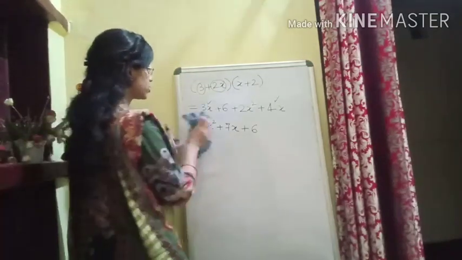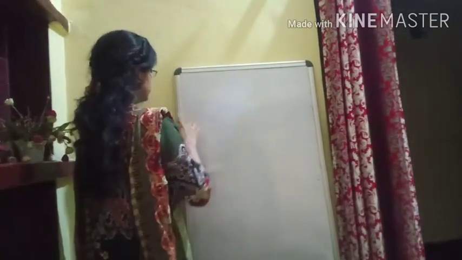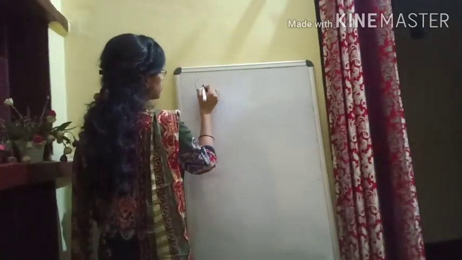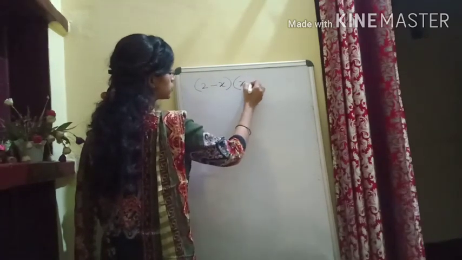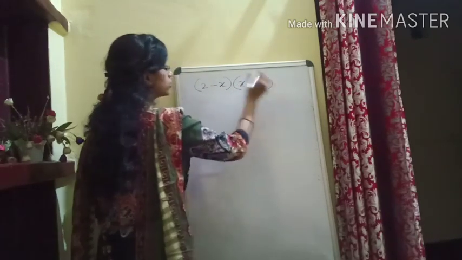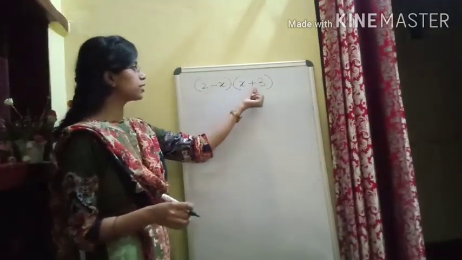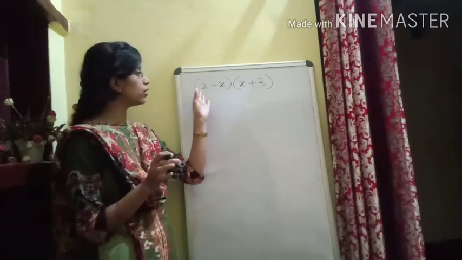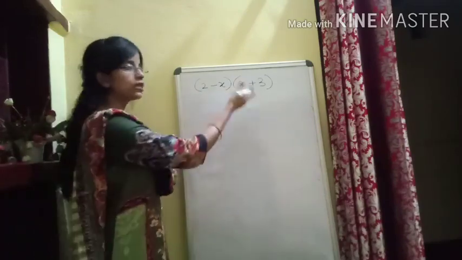Now what if a question is given like this? Let's say it is 2 minus x and x plus 3. Now these two brackets we have to multiply, but one is with minus sign and one is with plus sign, and you see here we cannot apply any identity. So simply we are going to multiply the brackets.